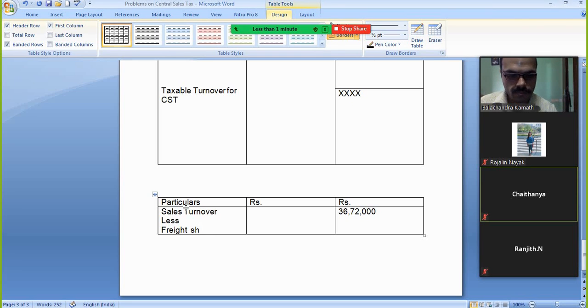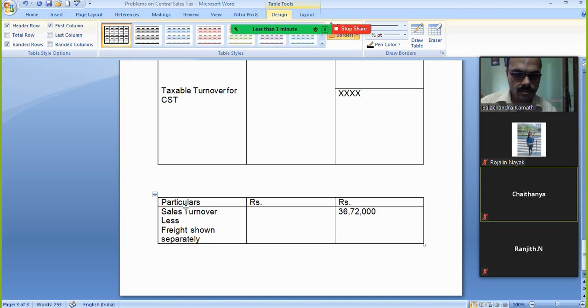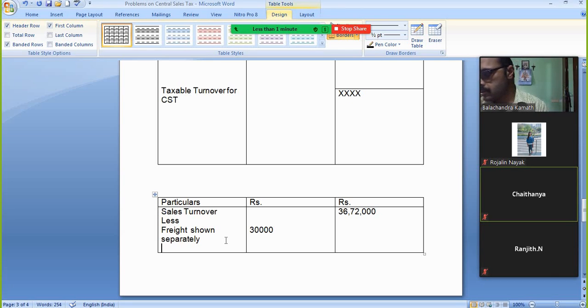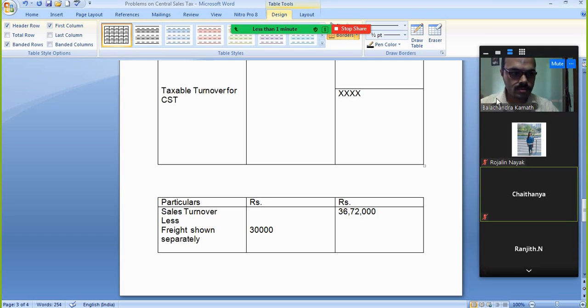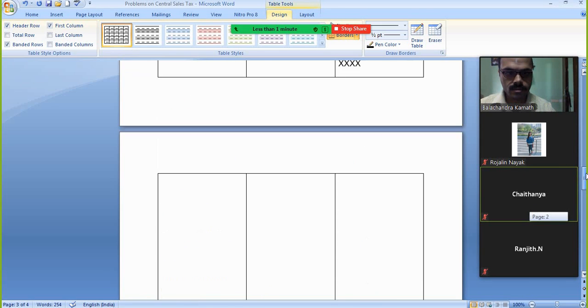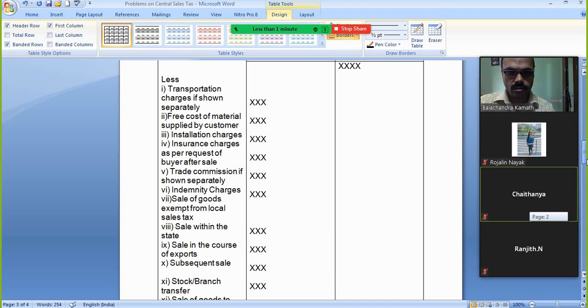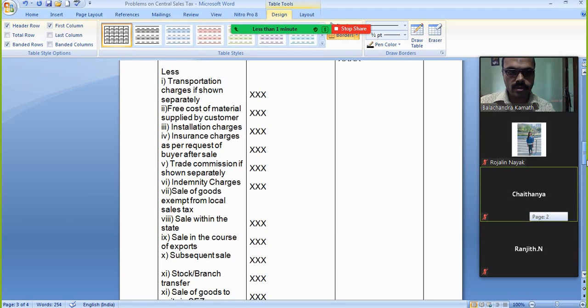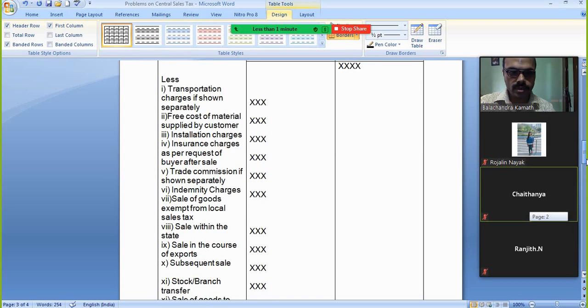How much is that? 30,000, right? So deduct that amount. Then let's go to the next one. Deposit for returnable containers. What should I do? If you see the format, deposit for returnable containers should be deducted, correct?